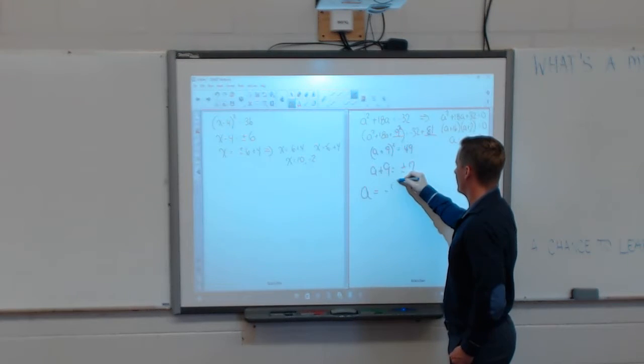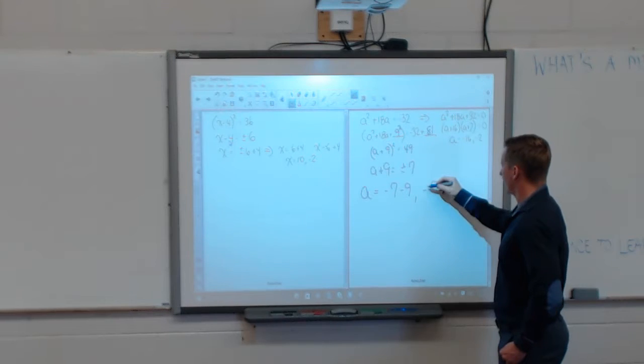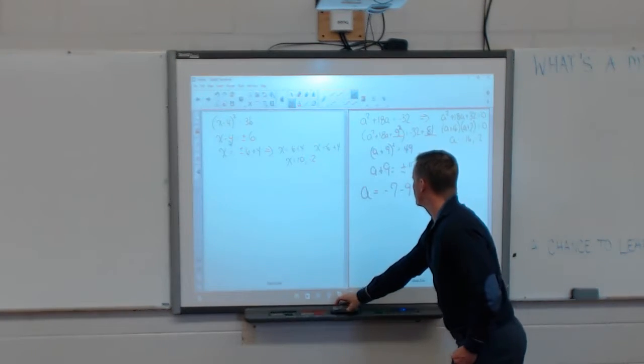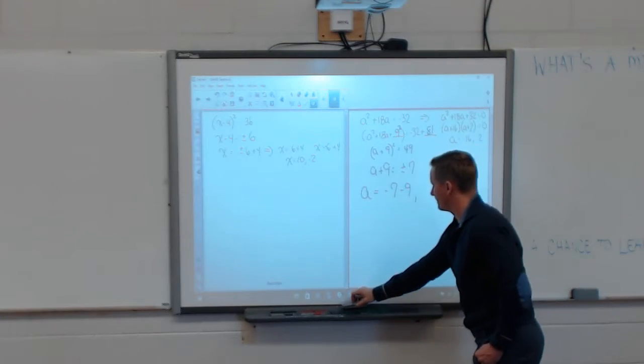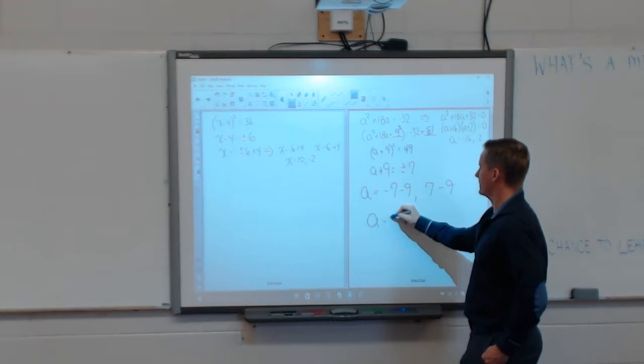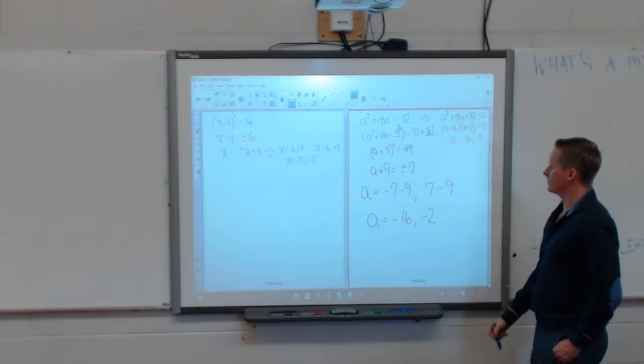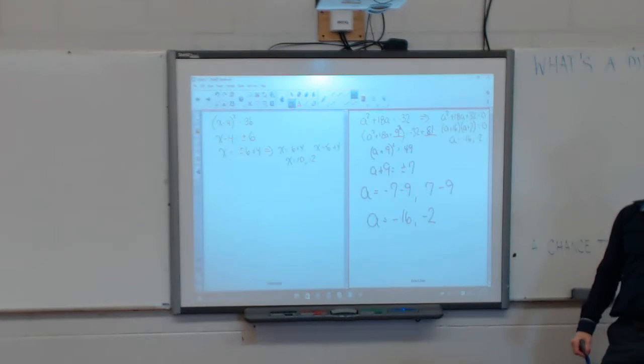A is equal to minus 7 subtract 9, or sorry, plus 7, subtract 9. So do that again. Plus 7 subtract 9. A is equal to minus 16, minus 2. That's the completing the square method.